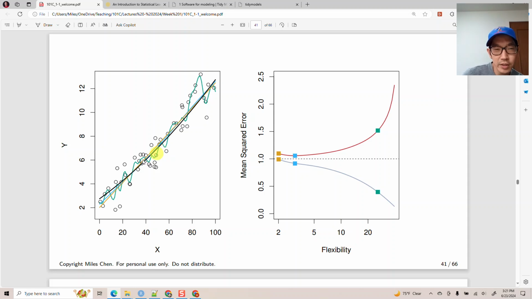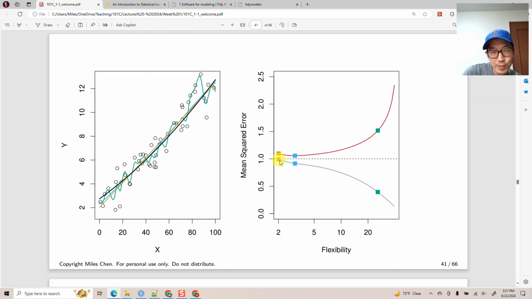Just another example here, the true relationship is this black line. And there's some curvature to the black line, but we see it's not drastically different from a linear relationship. And so here, when you fit a straight line, the straight line does a fairly decent job.